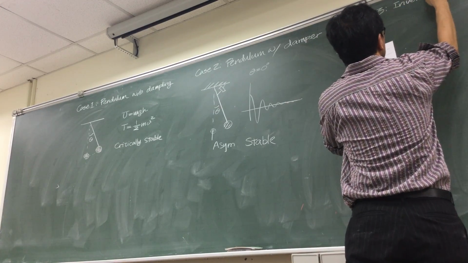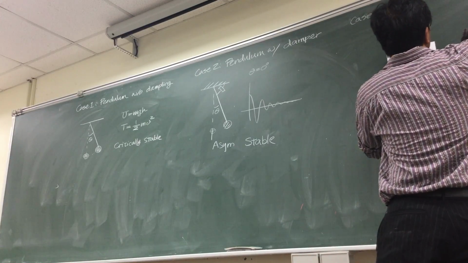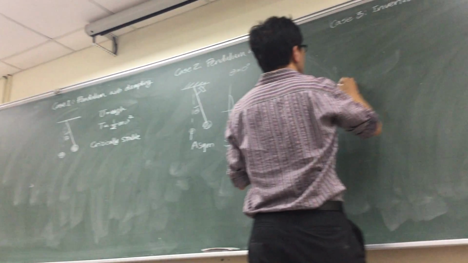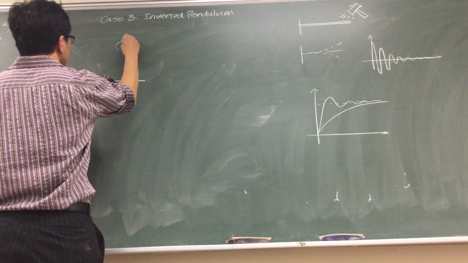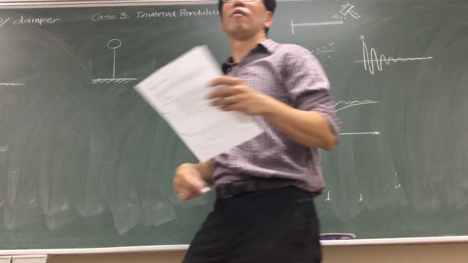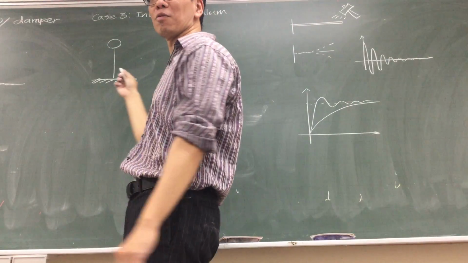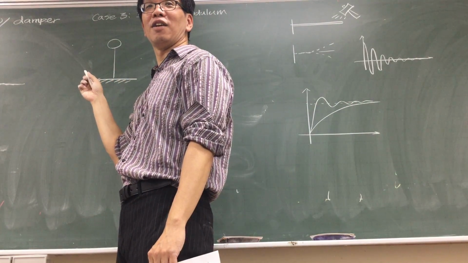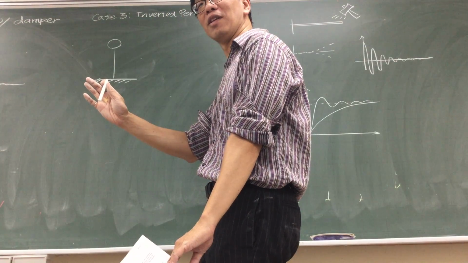Inverted pendulum. So if you do everything carefully, you should be able to do something like this, right? You just put a ball over here and put a ball on top of it.